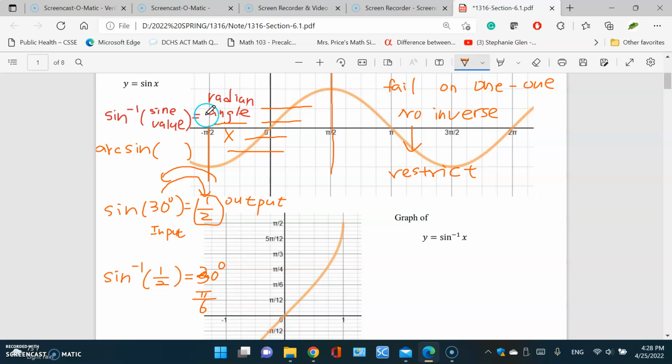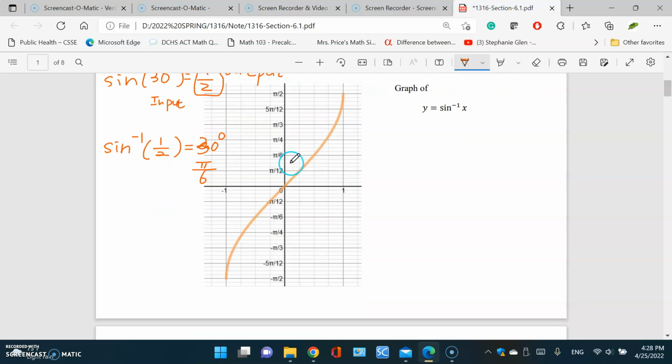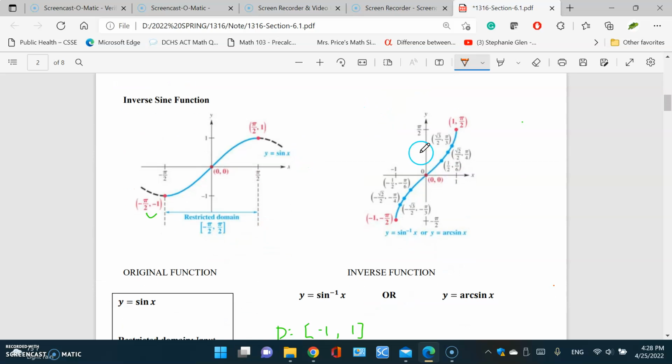When we restrict the domain of the sine function, we are targeting between -π/2 up to π/2. The inverse of the graph of the sine function will turn in this direction. The idea of getting the sine inverse graph is that we reflect with respect to y equals x.